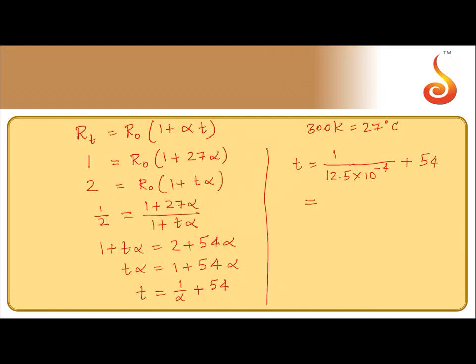So 10 power 4 comes to numerator, it will become 10,000. So 10,000 divided by 12.5 will be 800 plus 54. So that is equal to 854 degree Celsius.